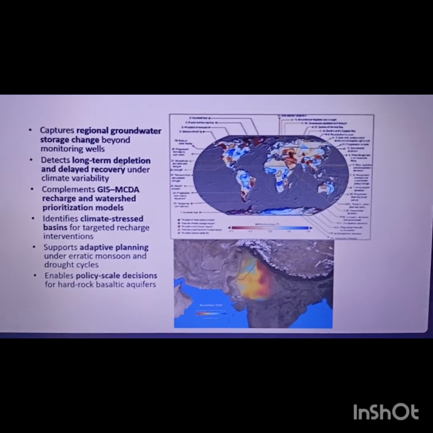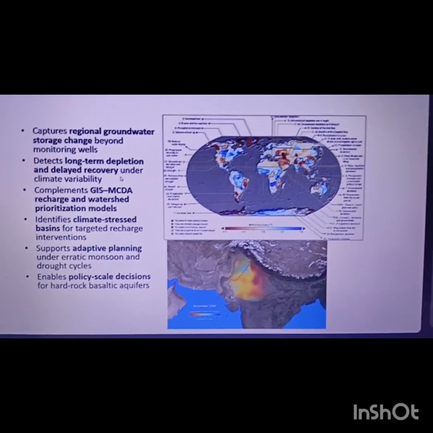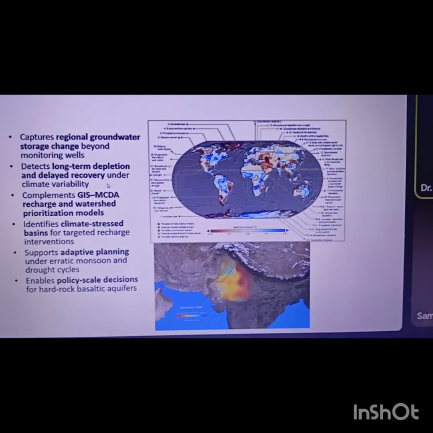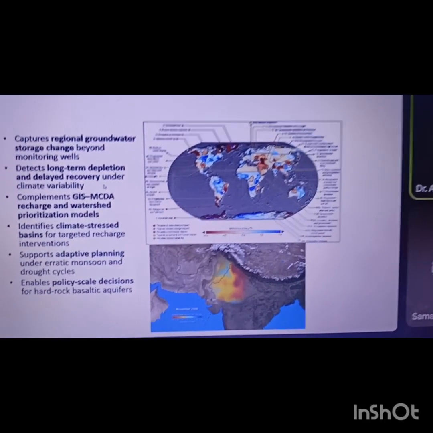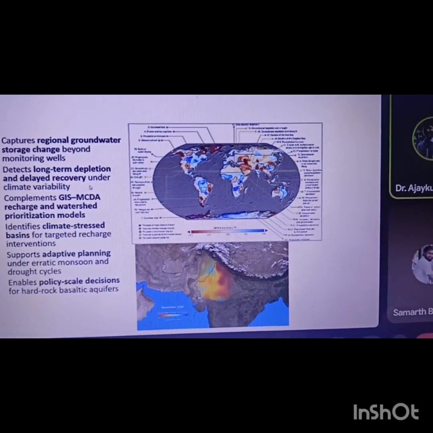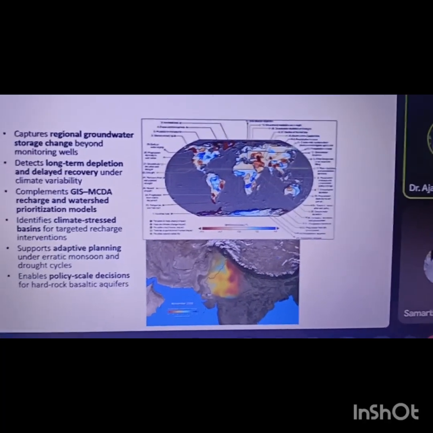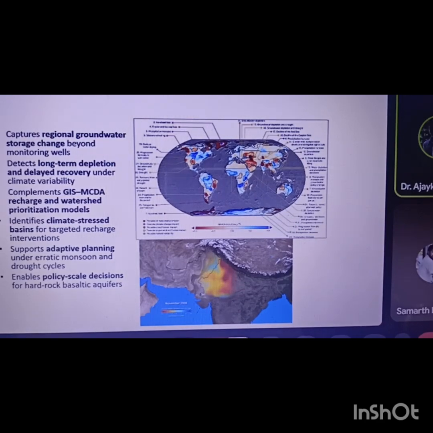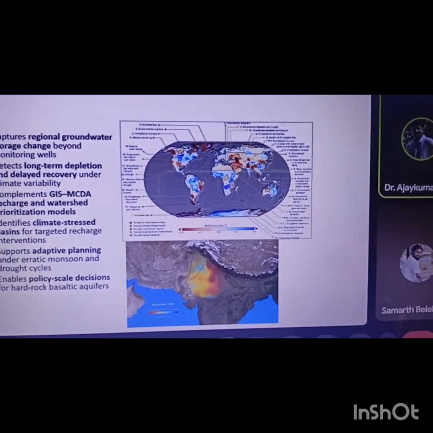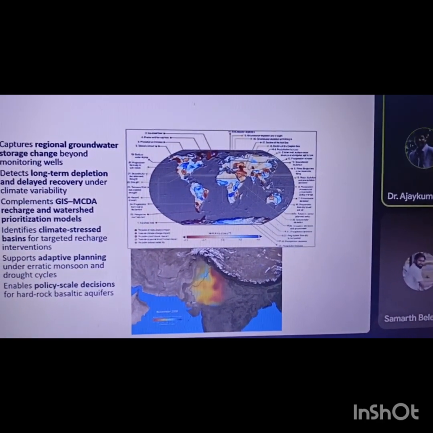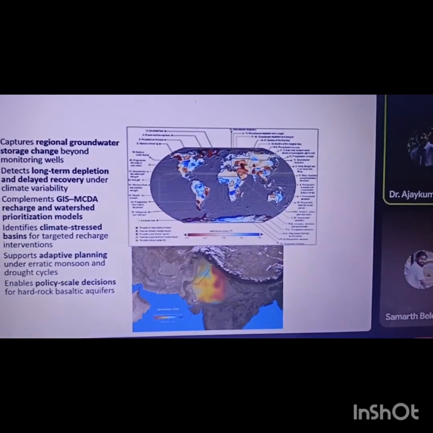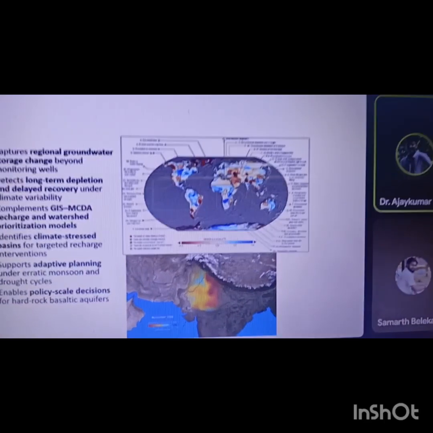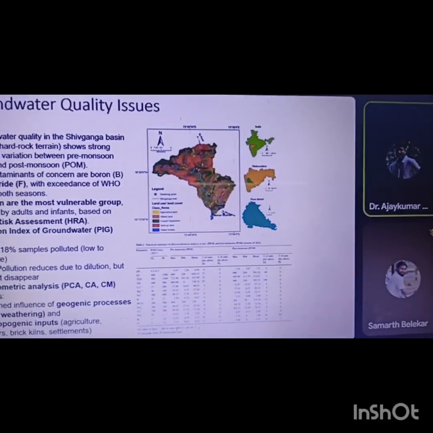It will detect long-term depletion and delay in recovery due to climate variability, and tools such as GIS and MCDA are used in water prioritization models. It also helps to identify climate stress and target recharge interventions. All this helps in policy-level decision making, so you can easily do sustainable management of water resources.